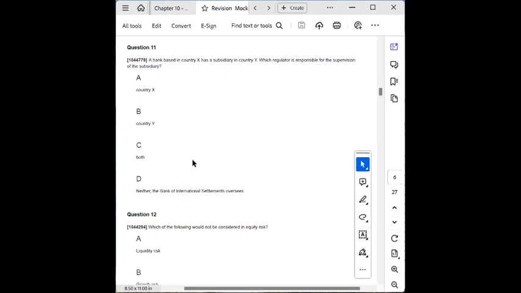And when you have a subsidiary of another bank in your country, the respective local regulator also has a responsibility to oversee that operation. Therefore, the correct answer is both, C. Right. Question number 12.